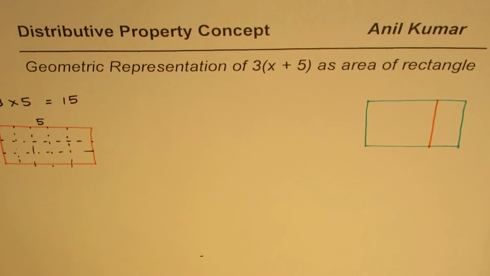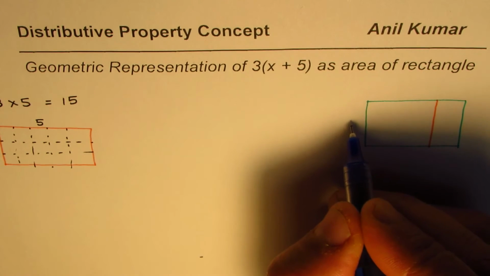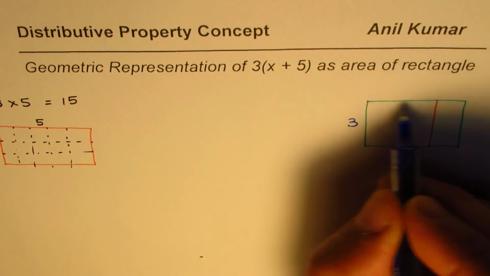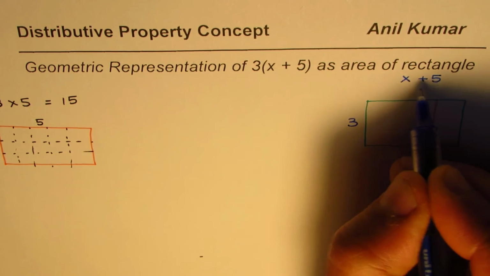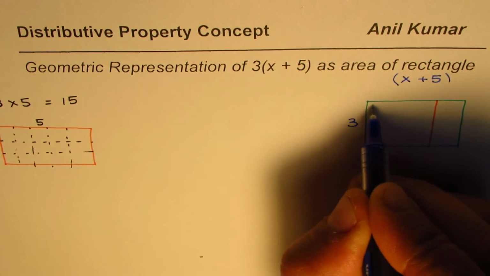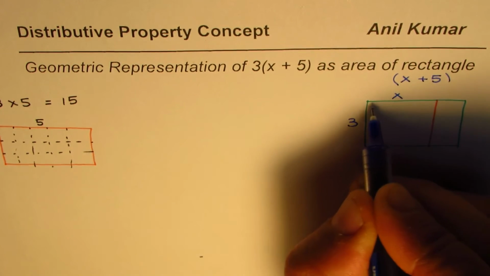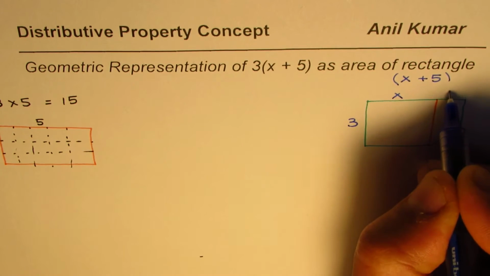Let's divide the other side, which we call the length, as a sum of two sides, which is x and 5, right? So one side, which is the width for us, let's say is 3, and the other side we want to write as x plus 5. We are taking this smaller side as x, the other one as 5.